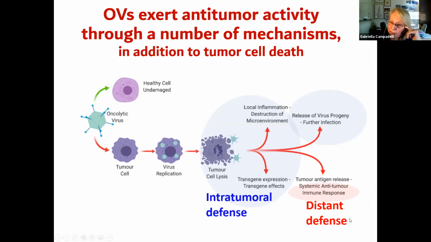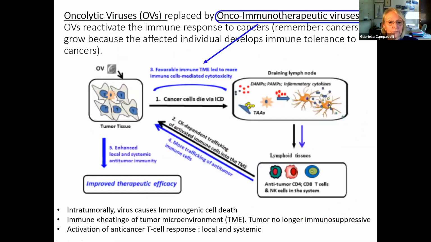And so there is a defense also against distant tumors. And this is better seen here. This is why the oncolytic viruses are now better termed oncoimmunotherapeutic viruses. The tumor cell, when infected by oncolytic viruses, dies of immunogenic cell death.